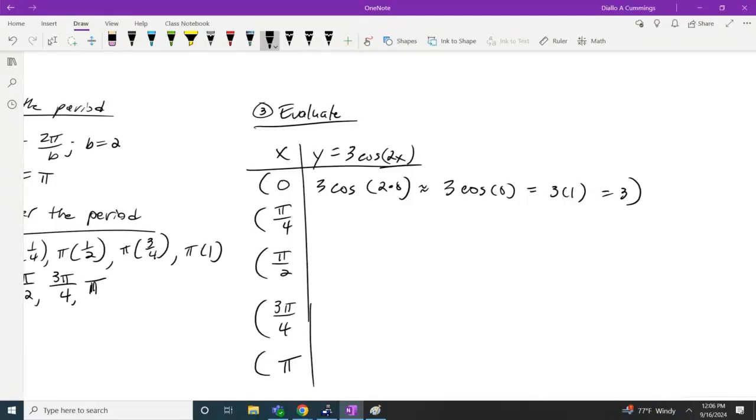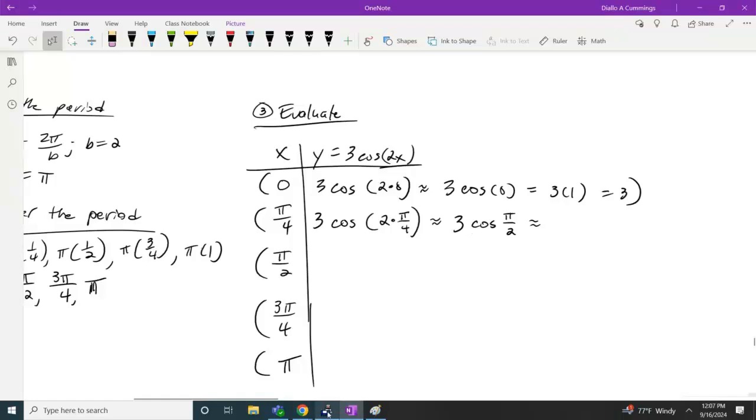All right, so if we were to evaluate that second ordered pair point, 3 times the cosine of 2 times pi over 4. Now, if I reduce 2 pi over 4, we're going to get 3 times the cosine of pi over 2, right? Because that 2 and the 4 are going to reduce to a 2.